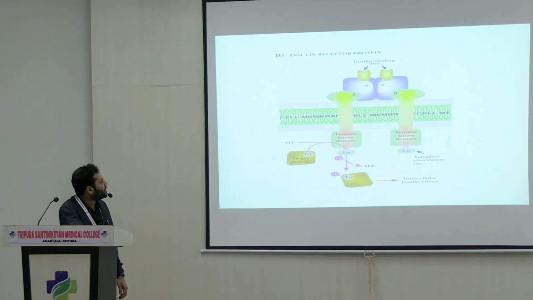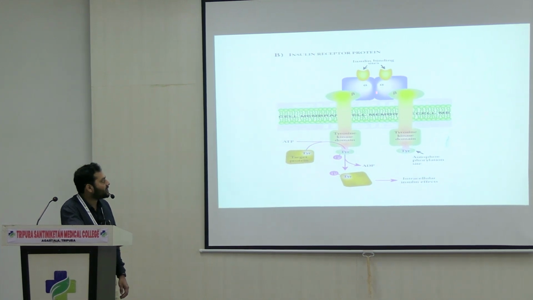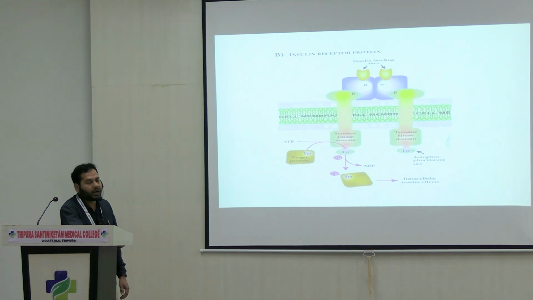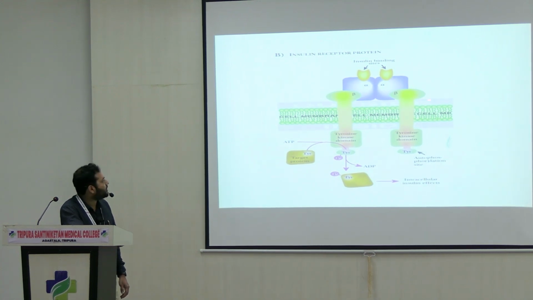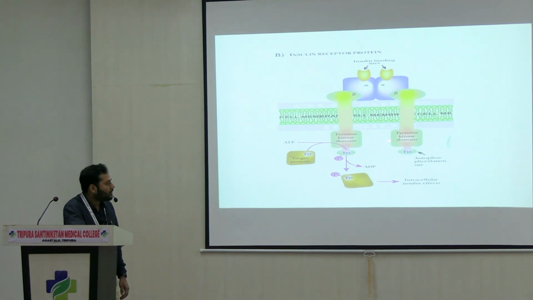The alpha subunits are present on the extracellular side of the cell membrane, whereas the beta subunits traverse the membrane: some part of the beta subunit is on the extracellular surface, some parts traverse the cell membrane, and some parts are on the intracellular surface of the cell membrane.